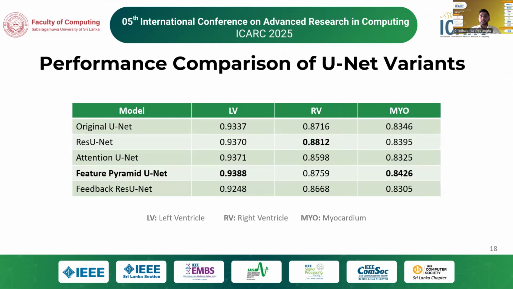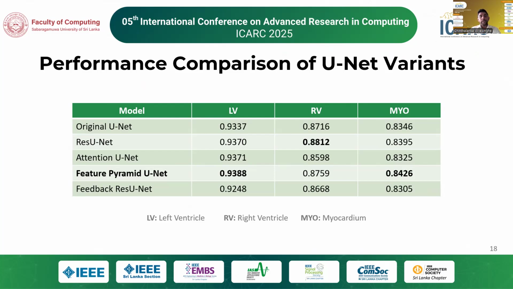The attention unit achieved good results, particularly in left ventricle segmentation, but lagged in right ventricle and myocardium segmentation. The feature pyramid unit achieved the highest dice scores in left ventricle and myocardium segmentation, demonstrating its superior performance. Its use of multi-scale feature extraction through the feature pyramid block likely enhanced its ability to capture both global and local information.